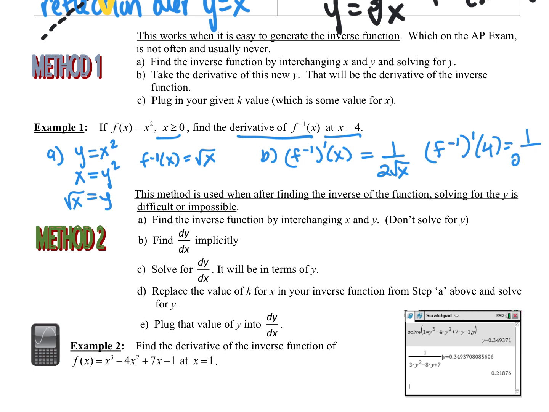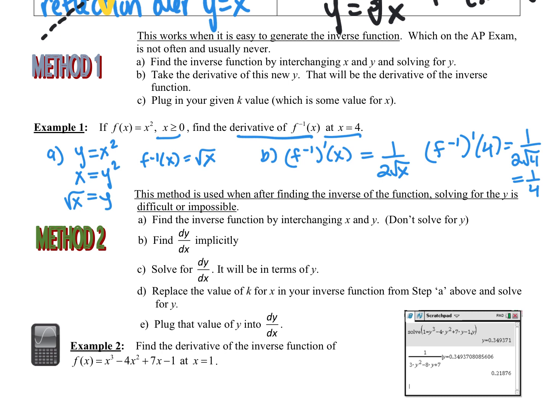So we would have 1 over 2 square root of 4, or 1 over 4. So usually you're not going to use this method on the AP test, because a lot of times it's not as nice a function as x squared, and it's really hard to solve for the actual inverse, okay?